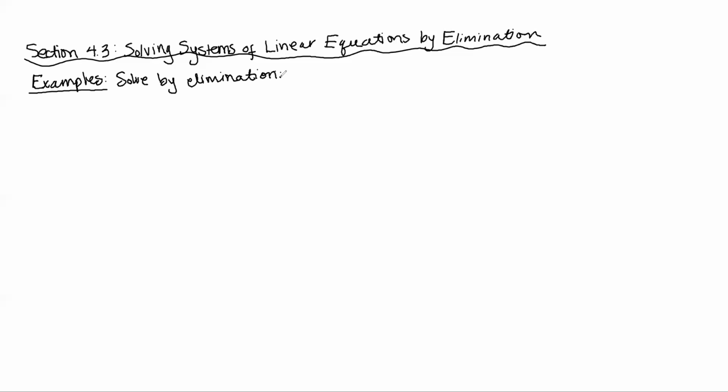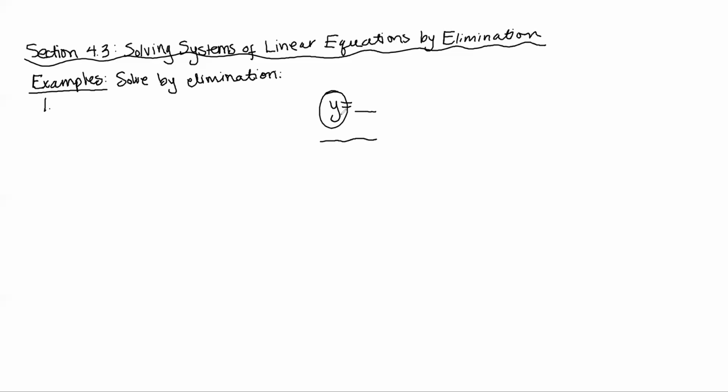So we'll talk about kind of when you should use one versus the other when we look at some of these today. We saw in some of them yesterday when it was just a variable by itself. So if you started with something like y equals whatever it was in your other equation, if you have one of those variables already by itself, this is a great time to use substitution.